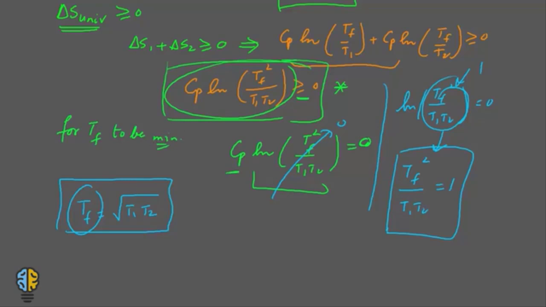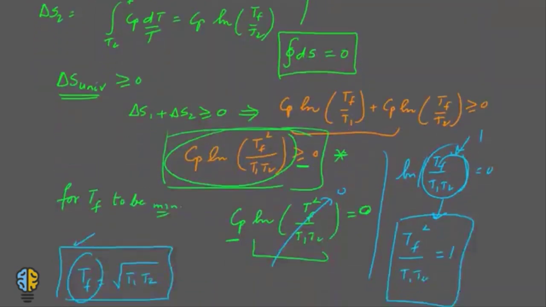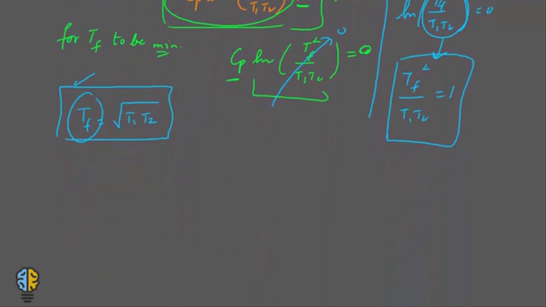And if you put this value of Tf in the expression which was this, you can have the maximum value of W. So let's put this value over there. So we will have W max is equal to Cp into T1 plus T2 minus 2 into under root T1 T2.